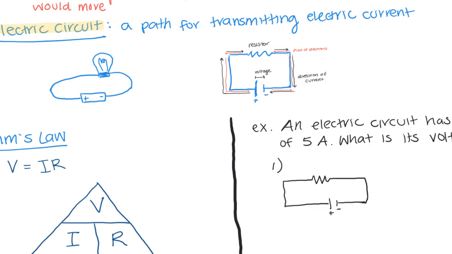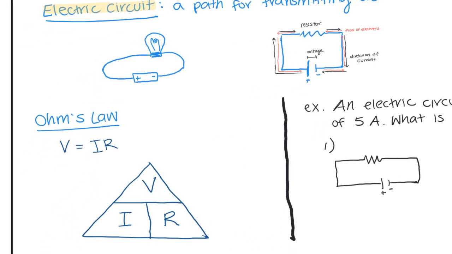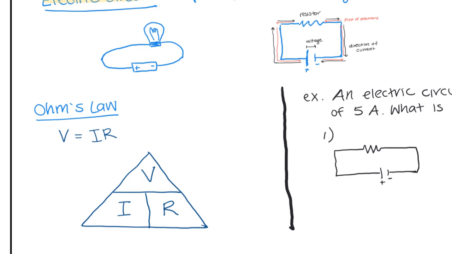I'm going to zoom in here. So this would be an example of a very, very simple electric circuit. So we have our battery. Remember, batteries have a positive terminal and a negative terminal. Those batteries actually have charges.